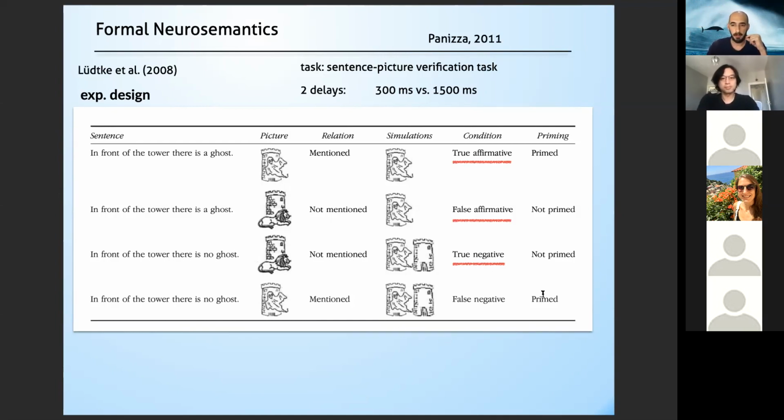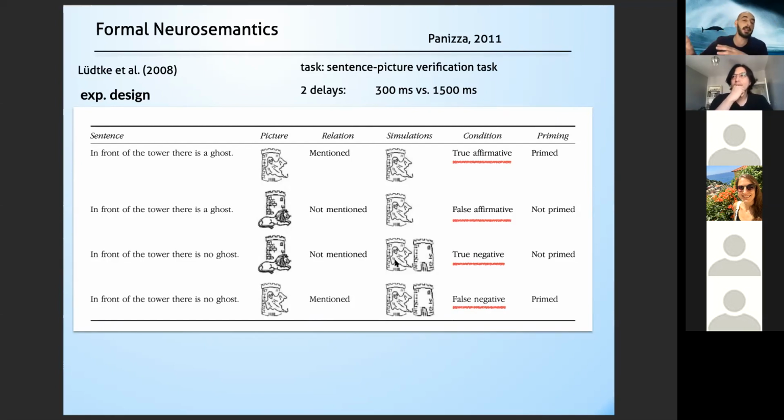However, in the fourth condition, which is a false negative, again, there is a negation. You simulate a tower with a ghost, then you simulate a tower without a ghost, but actually in the picture there is a tower with a ghost. So, surprise. What is the difference between the two steps or two stages and the one stage model of negation? In the one stage model, you don't have to simulate a tower with the ghost in order to represent the meaning of negation.